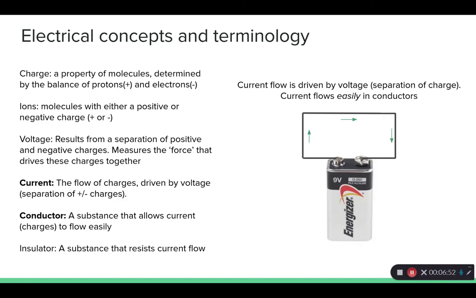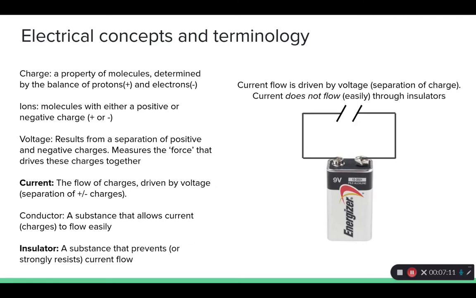When current can flow easily through a substance or a medium, we call that substance a conductor. So if we attached an electrical wire to the terminals of this battery, current would flow easily through it because metal is a very good conductor.